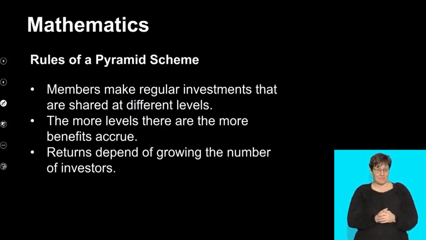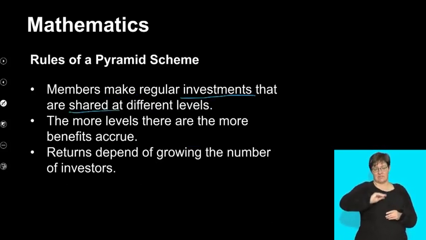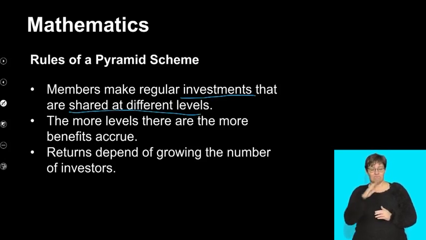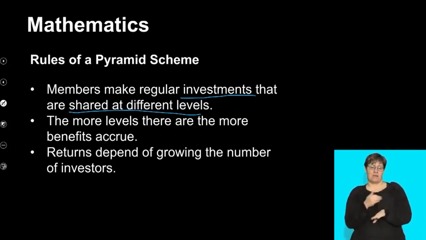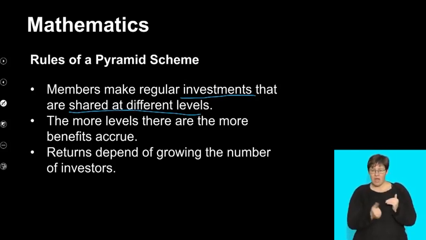Some rules of a pyramid scheme are that the members need to make regular investments that are shared at different intervals. So this is an example where people are contributing a certain amount of money on a month-to-month basis, maybe, or a week-to-week basis, and then maybe after 2 months they share the money, or after 2 weeks or after 3 weeks. It doesn't really matter.